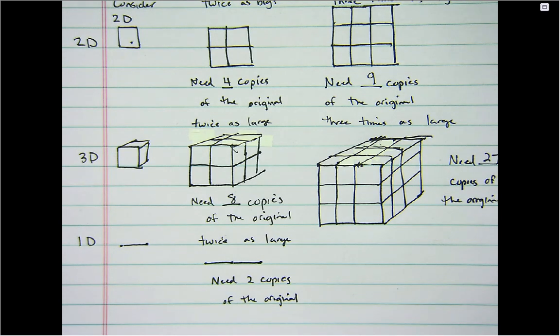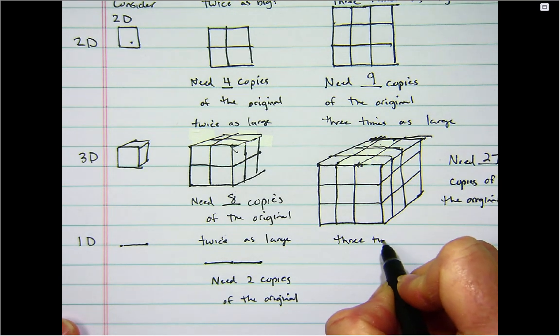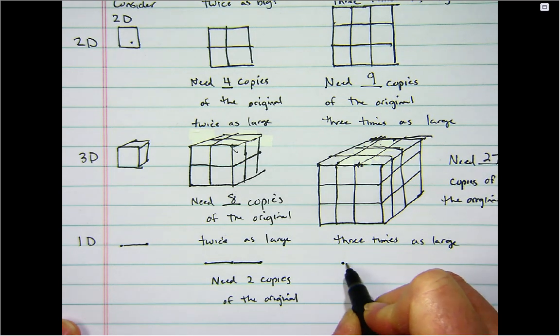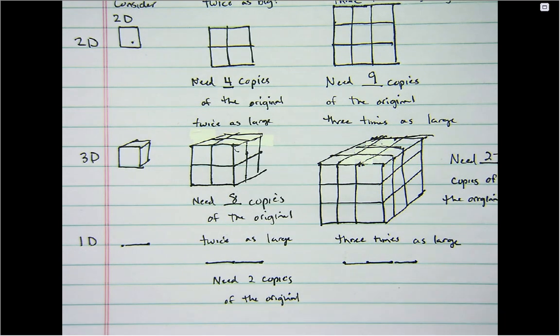That's pretty straightforward. You just need two copies. Lay one right after the other, and you have a line twice as large. And to make the line 3 times as large, you just need 3 copies of the original.